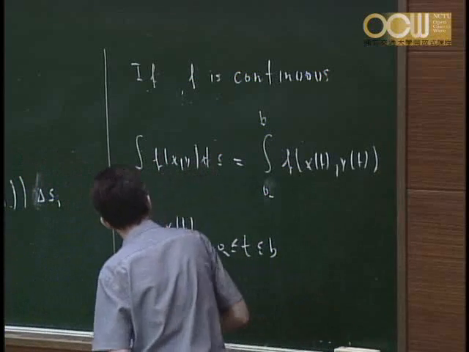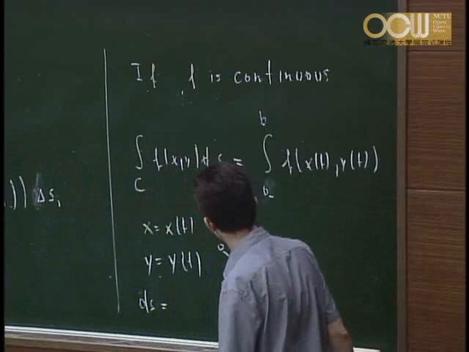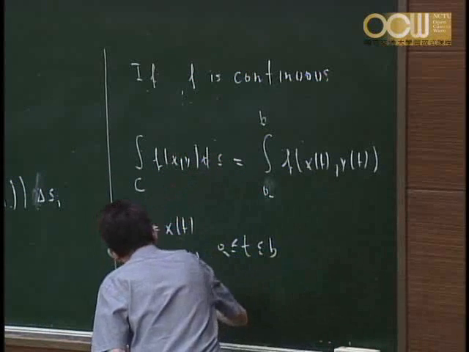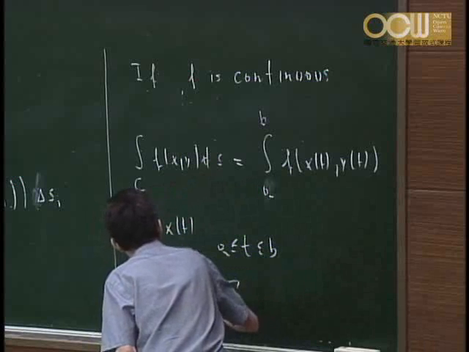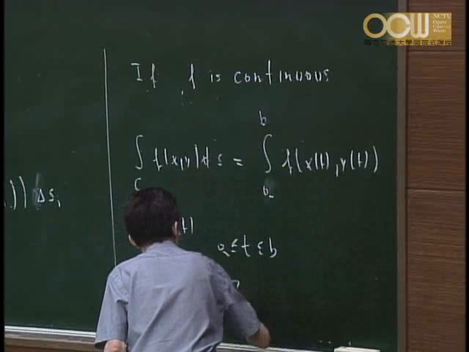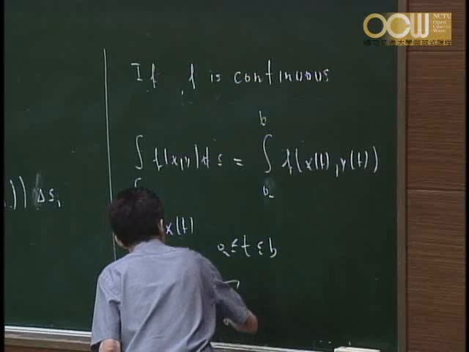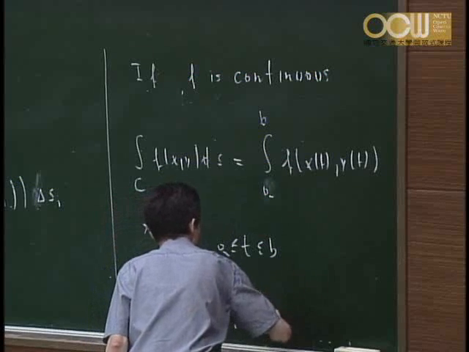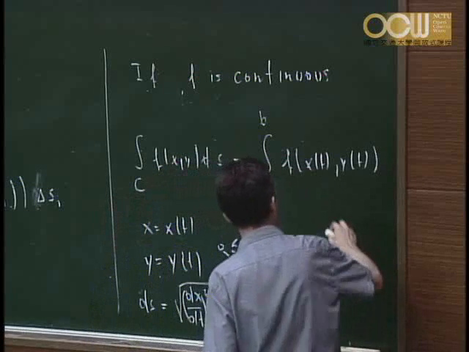is equal to, if we write everything with respect to dt, then what we have is the square root of (dx over dt) squared plus (dy over dt) squared, dt.